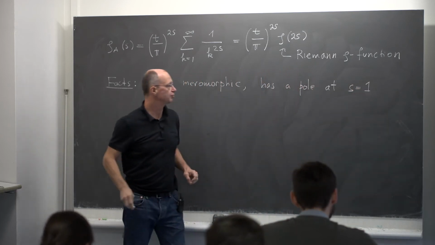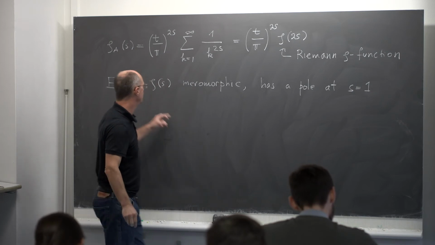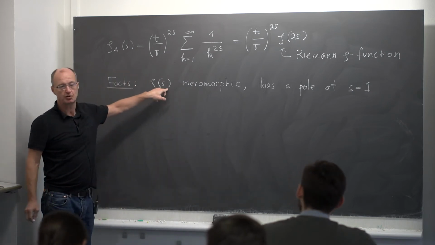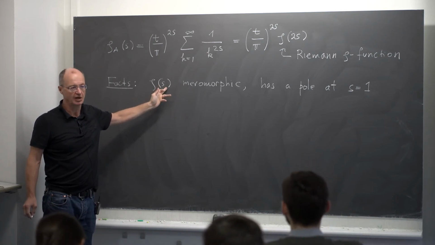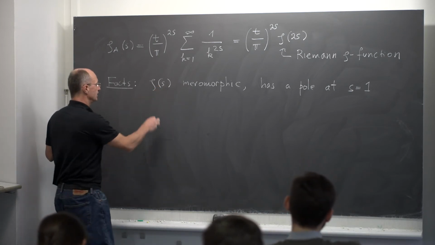It has the unique pole at s equal 1. And this pole corresponds to the harmonic series, sum of 1 over k.